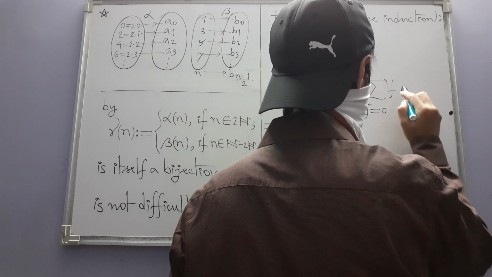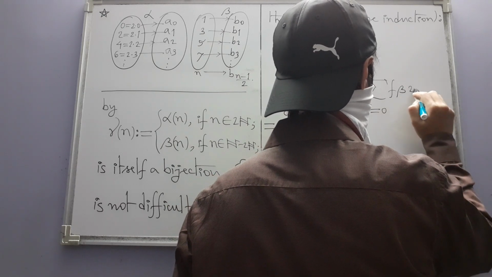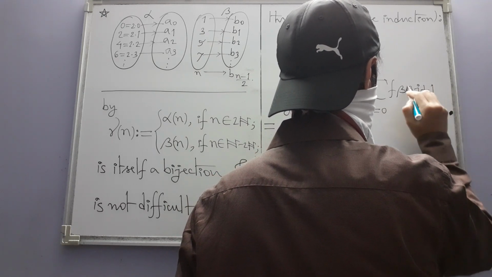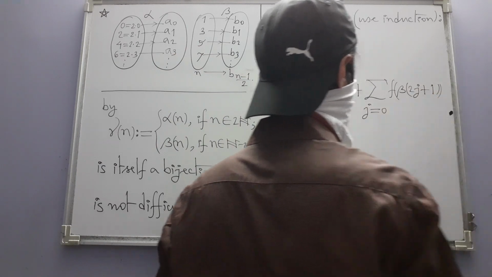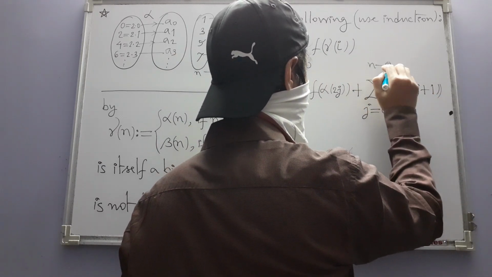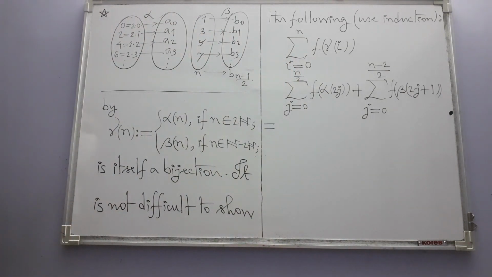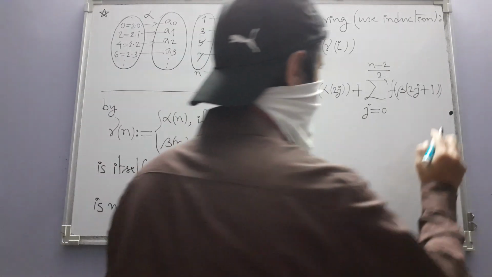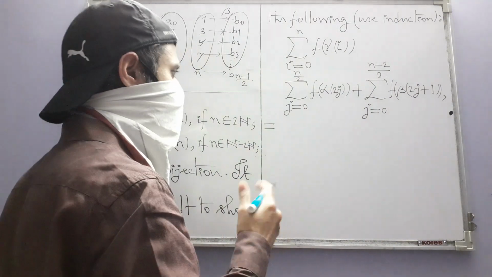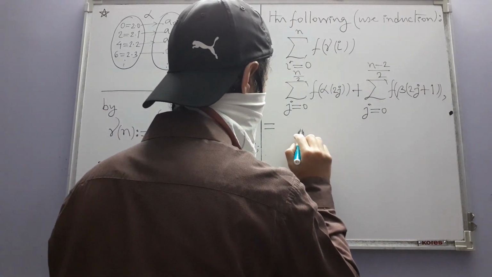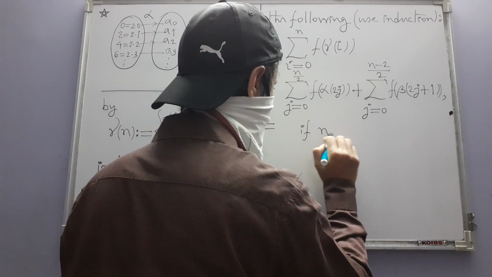Here in this next one, f of beta of 2j plus 1, where j varies from n to n minus 2 over 2, provided there is a condition if n is even.